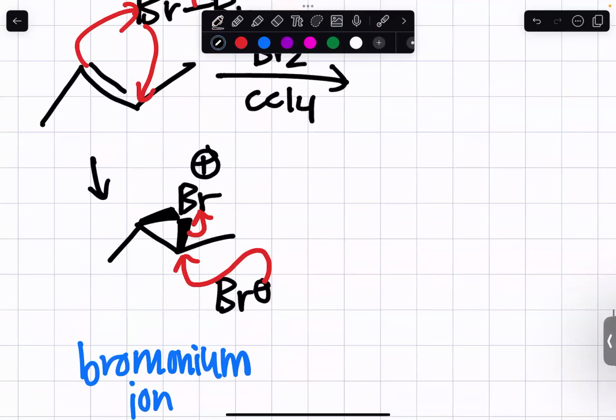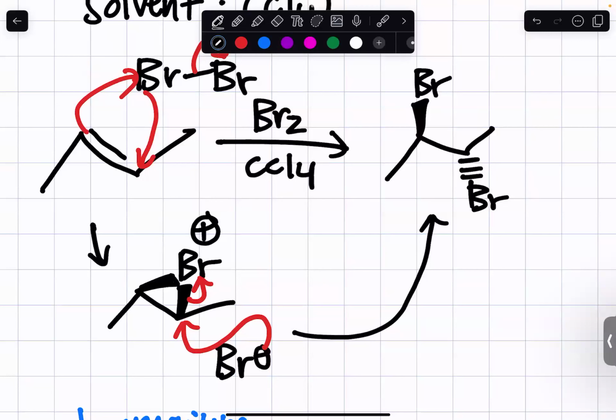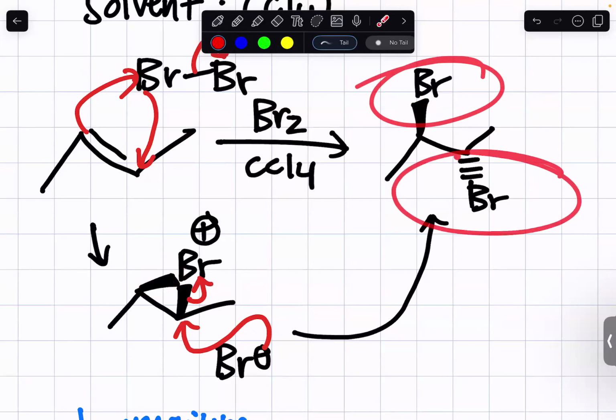And this is going to be an SN2-like reaction where you notice how this bond is the one that's being broken. That bond is the one that's going to get inverted from a wedge to a dash. The other bond that is a wedge stays as a wedge like that. And you notice how the bromines here are anti to each other.